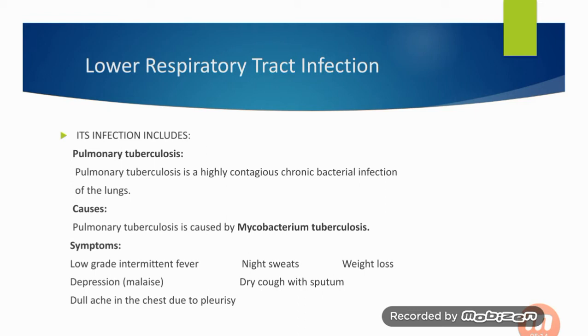Tuberculosis mostly affects the lung tissues, and its causative agent is Mycobacterium tuberculosis. Mycobacterium is a strictly aerobic bacterium. That is why it is found in your lungs.